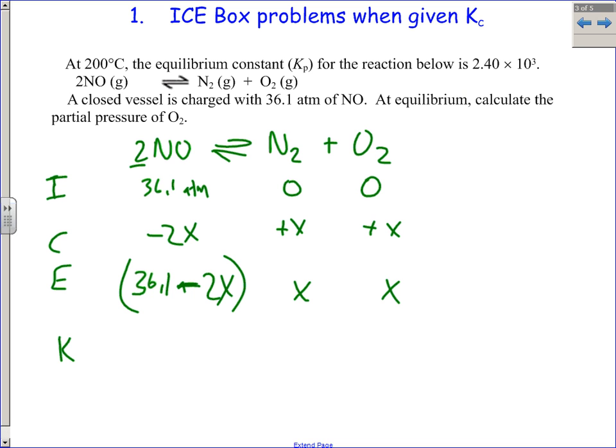Since we're talking about pressures here, this is Kp. And in Kp, remember, we don't use brackets, we use parentheses when we're talking about pressures. So it would be the pressure of N2 times the pressure of O2 over the pressure of NO squared. And that's going to equal our value of Kp.